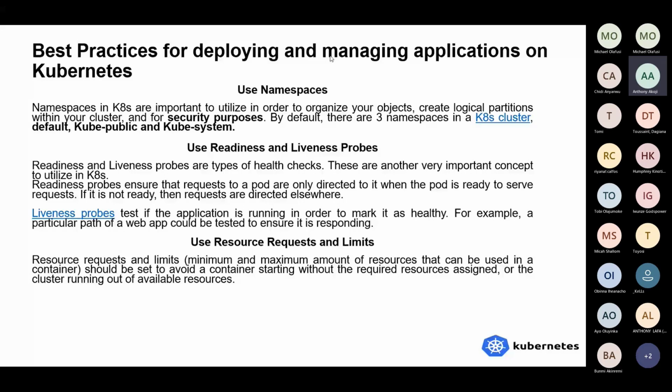Then another thing we can use as a practice for deploying and managing Kubernetes clusters is using resource requests and limits. When you have, for instance, your laptop that has a memory size of, let's say, 8 gig RAM and, let's say, 500 gigs of hard disk, and you want to spin up a virtual server, you get things like VirtualBox to install those things.